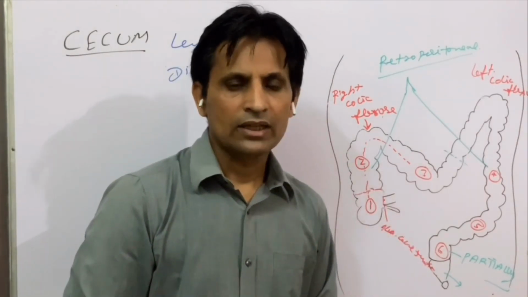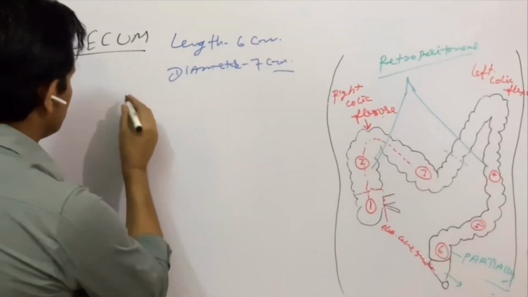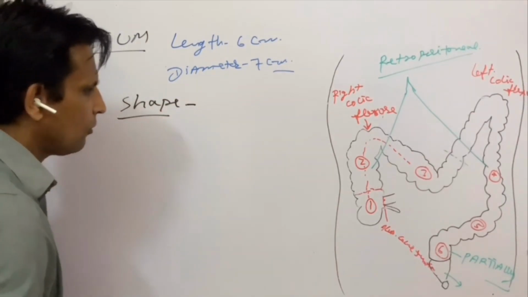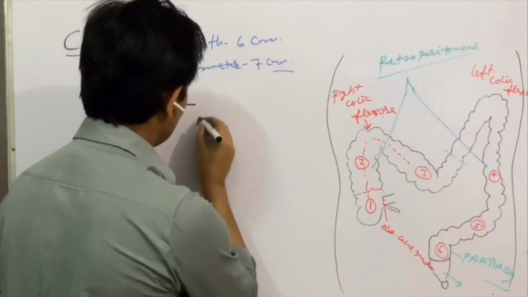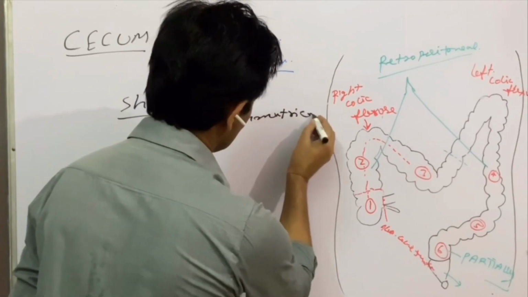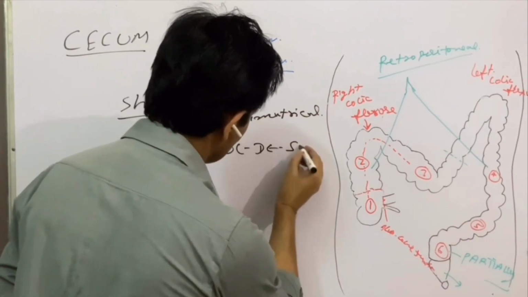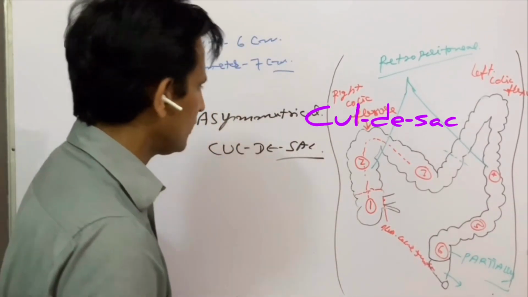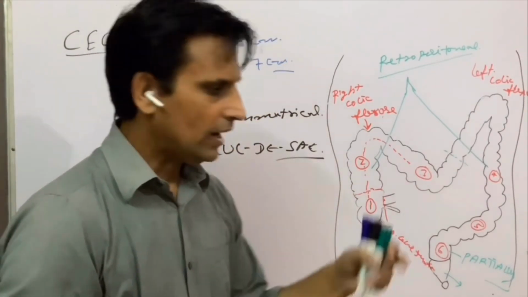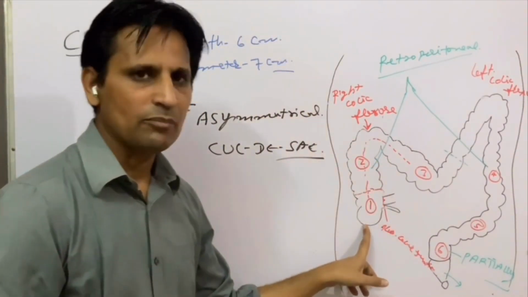Let us talk about its shape. The shape of the cecum actually varies, and that's why we call the cecum asymmetrical, or cul-de-sac. What is the meaning of cul-de-sac? Cul-de-sac means like a street which ends at a point. So we have already called this a blind pouch.